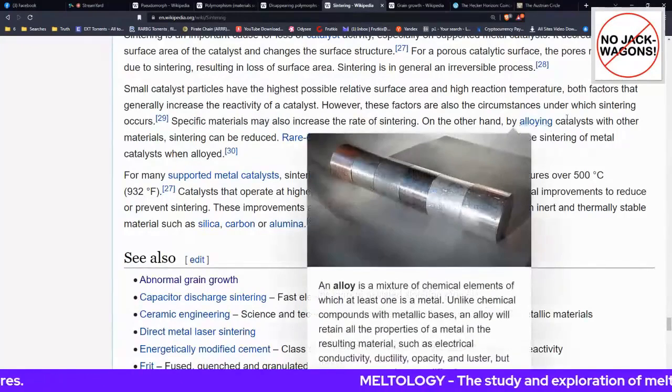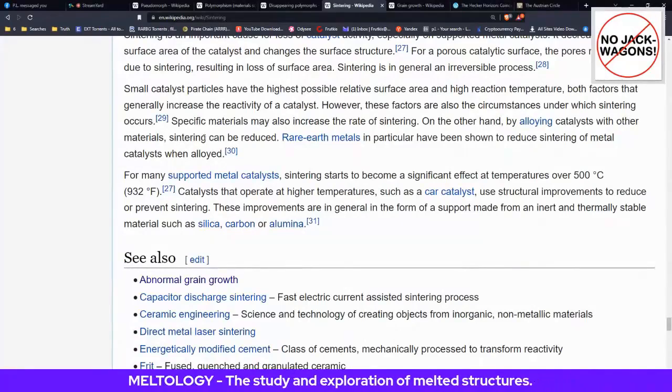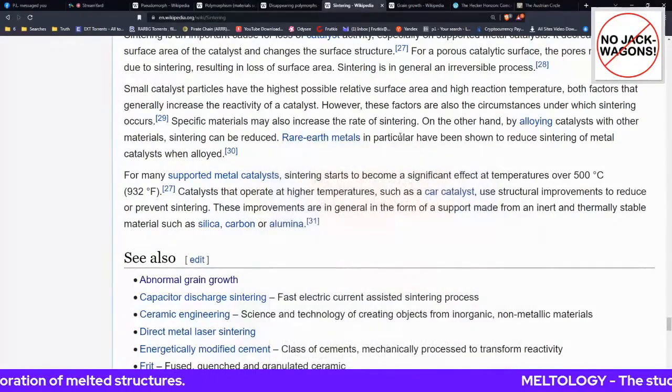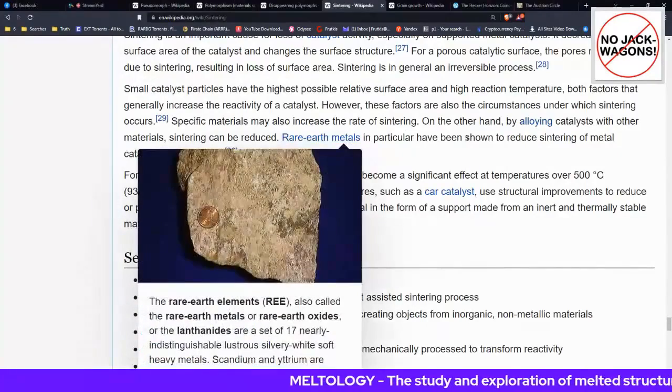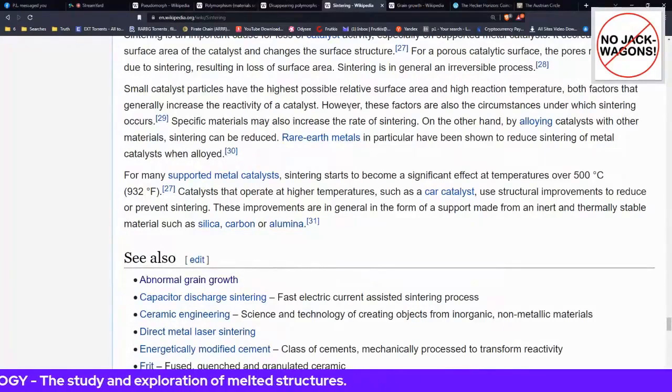But on the other hand, there are other materials that can reduce the sintering. So that's why maybe these rare earth metals that are probably in certain bricks have been shown to reduce this effect. So we have things that may increase and some that may reduce the effect.